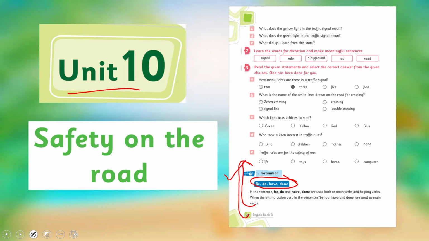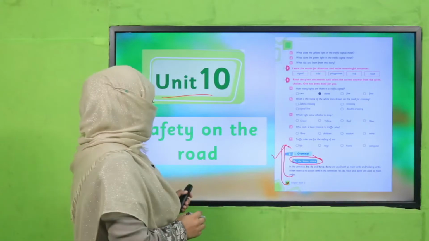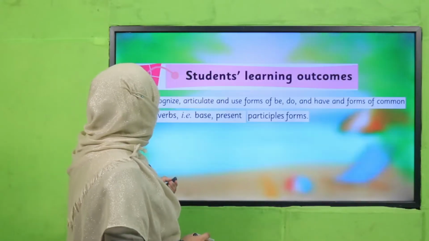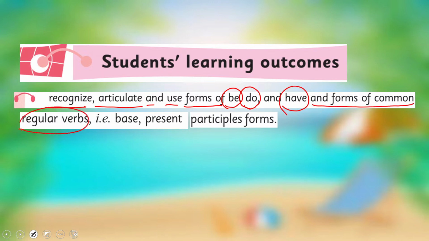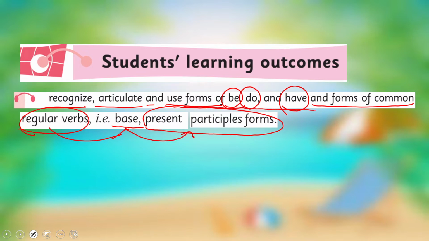If not, you may watch this video lecture again, because this concept is linked with today's SLO: to recognize, articulate, and use forms of be, do, and have, and forms of common regular verbs, base and present participle forms. Be, do, have we have already done, so our focus will be on this part of the SLO.